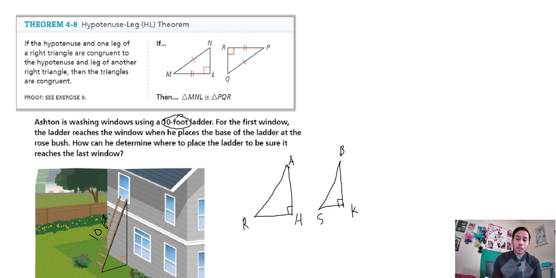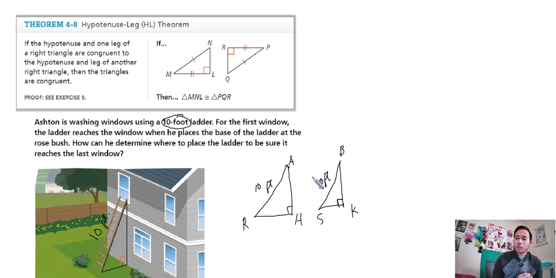If this is 10 feet, and this is also 10 feet, of course the ladder is also 10 feet, and this is a 90-degree angle, we only need one more side to be congruent, so we can use the HL theorem.